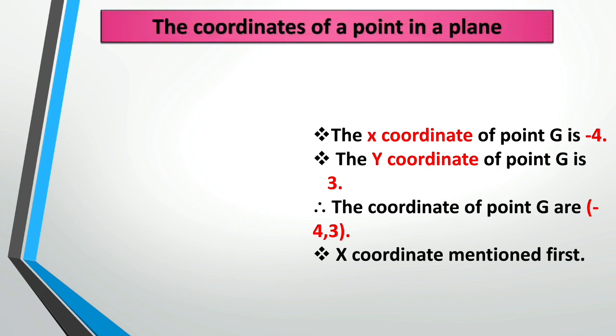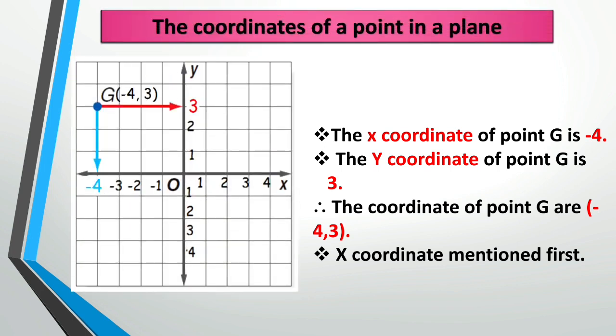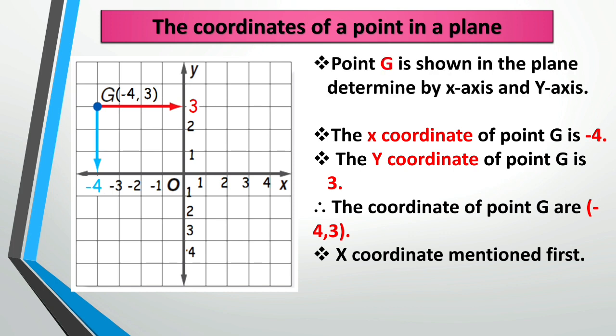Now children, the coordinate of a point in a plane, how to plot? Students, if you see in the screen, point G is shown in the plane determined by x-axis and y-axis. You can see the blue arrow and the red arrow. The blue arrow is marked with -4. -4 is the coordinate on the x-axis, and the red arrow is marked to the y, that is the number 3, that is on the y-axis.